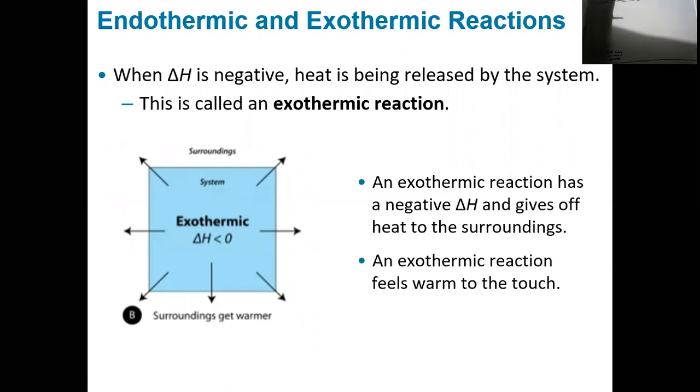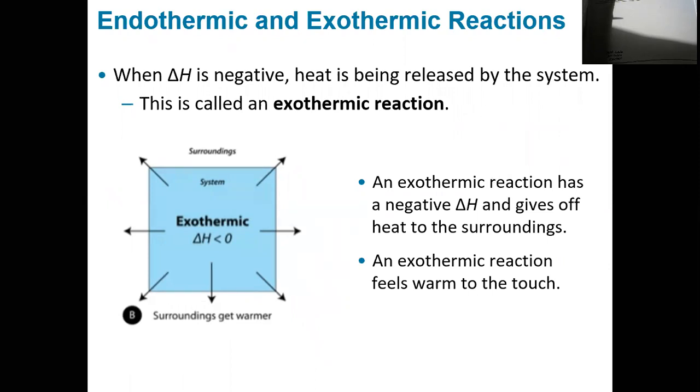Now we're going to talk about what the signs associated with delta H mean. We have two types of reactions: one is called an endothermic reaction and one is an exothermic reaction. When your delta H value is negative, that means you have heat that is being released by your system into the surroundings.